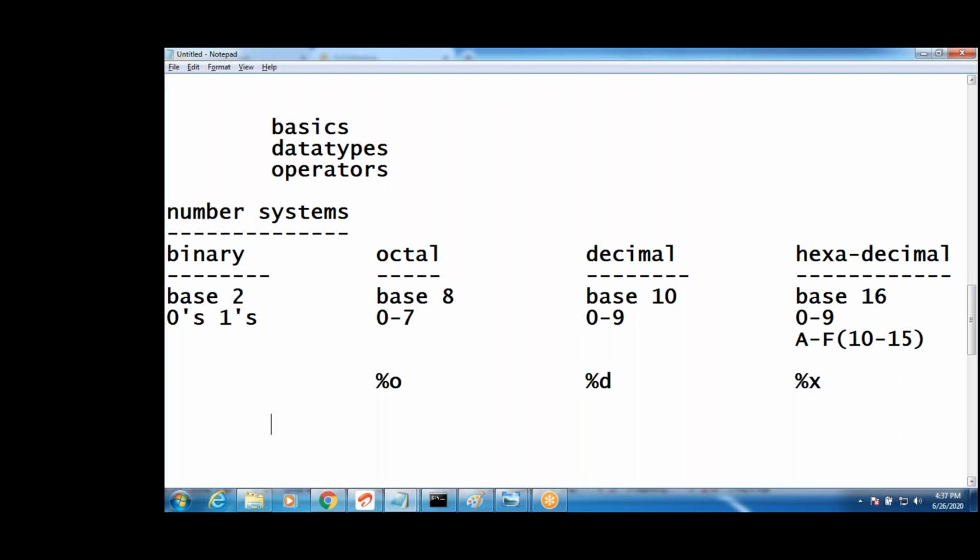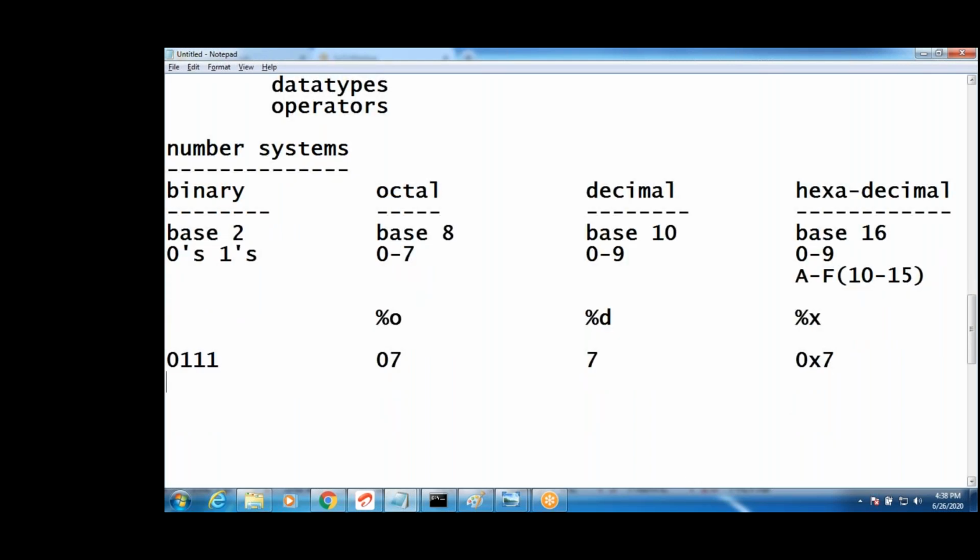For example, if I write one number, 7, how do we represent 7? In octal format, how do we write? 07, we represent 07. Decimal we represent 7 only. Hexadecimal is 0x7. Okay, 15, for example. How to represent 15?